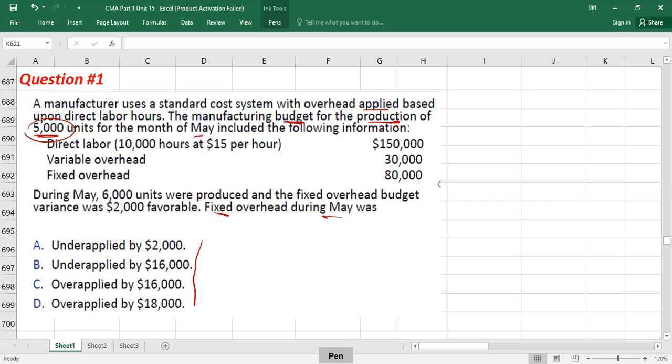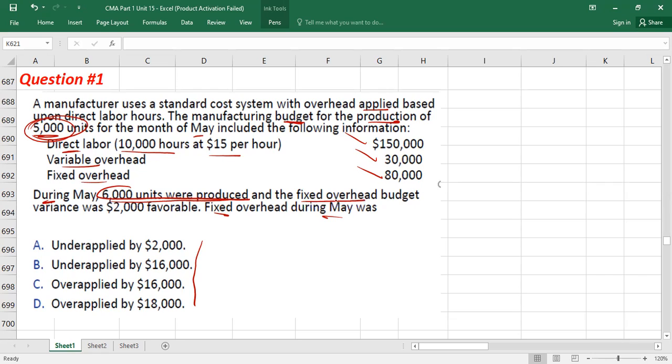So for 5,000 units, they need this much labor: 10,000 hours at the rate of 15, so it is 150,000. They need this much fixed overhead for 5,000 units. This is budgeted information. Then it told you during May, 6,000 units were produced. This is the actual output.